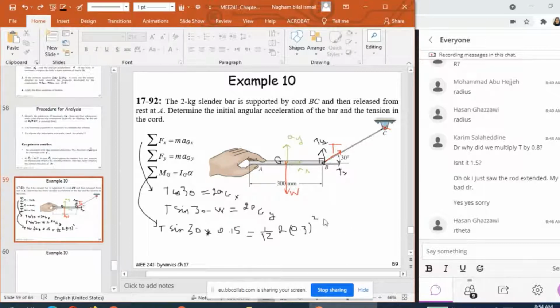It's Ig times alpha. So this is the third equation.